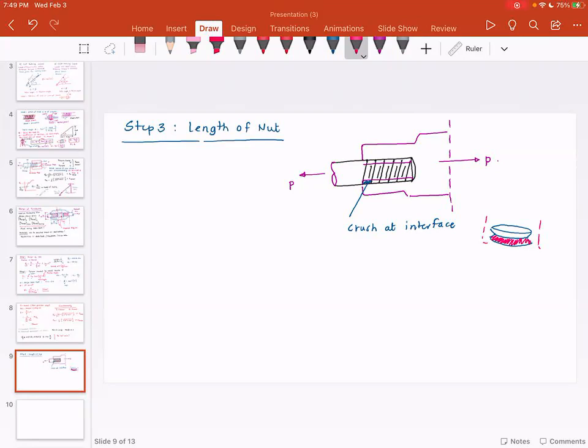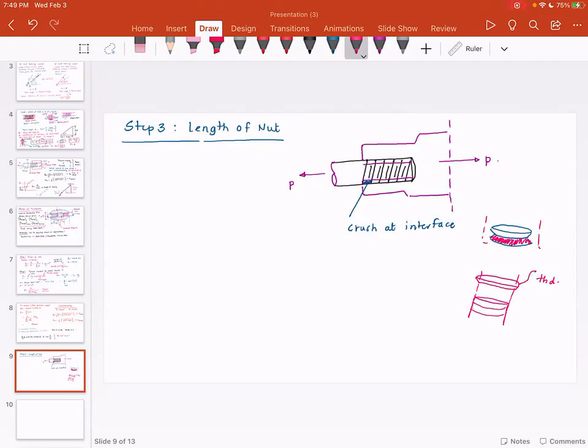The other way that this whole assembly can fail is, think about it, the screw comes out. So basically this ring comes out from the screw dimension. So the screw remains as is, and this ring, which is nothing but the thread, gets separated.